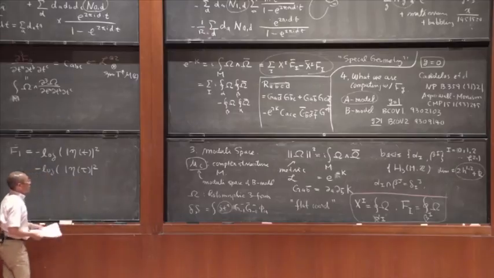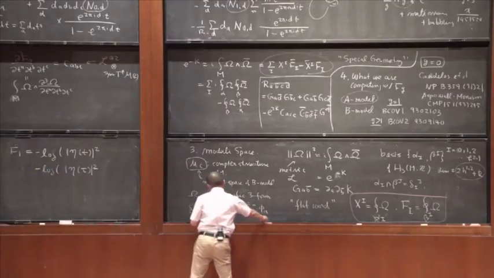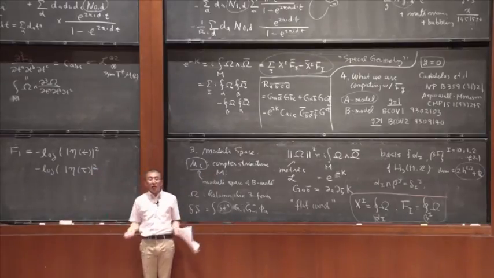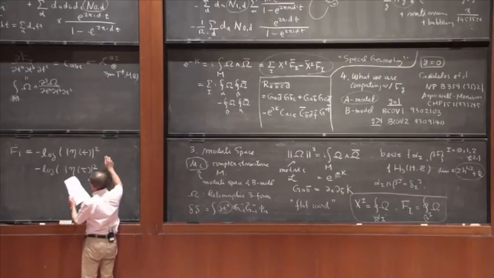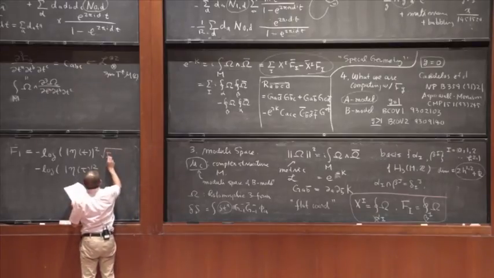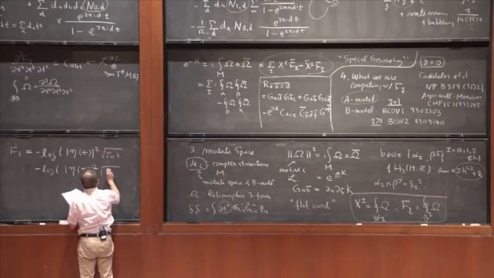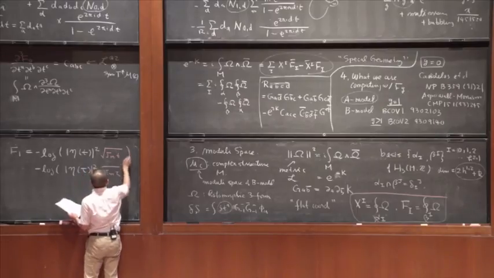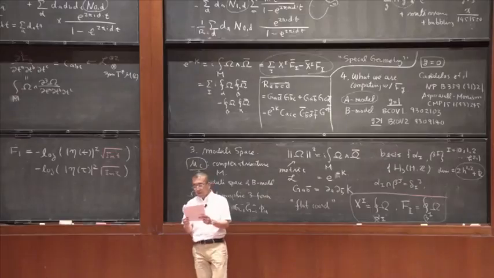And I said there is a mirror symmetry, so the answer should be symmetric under the exchange of T and tau. But there is some kind of surprise because the eta function is not totally modular invariant. You have to provide something non-holomorphic to make it modular invariant. So you actually get something non-holomorphic.